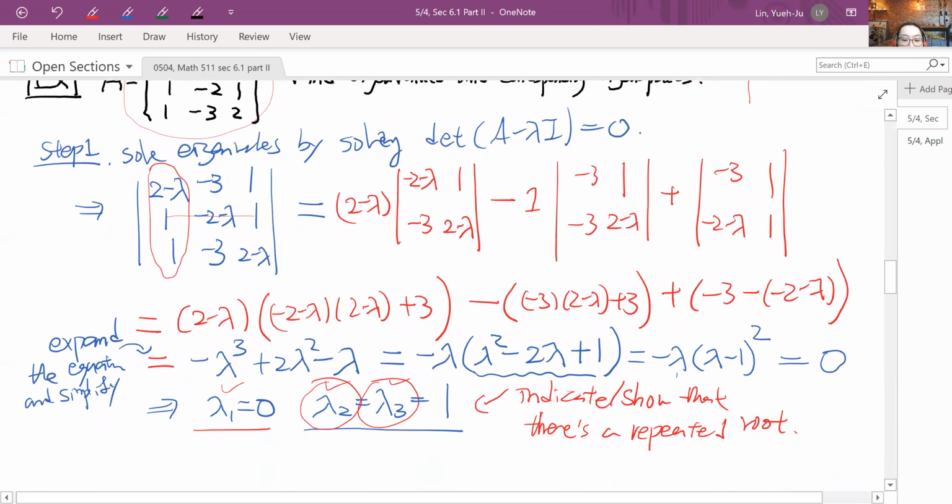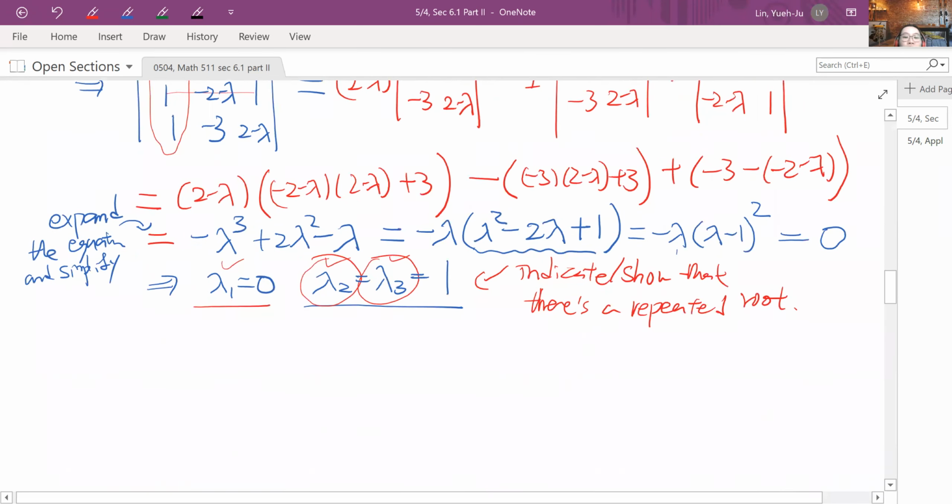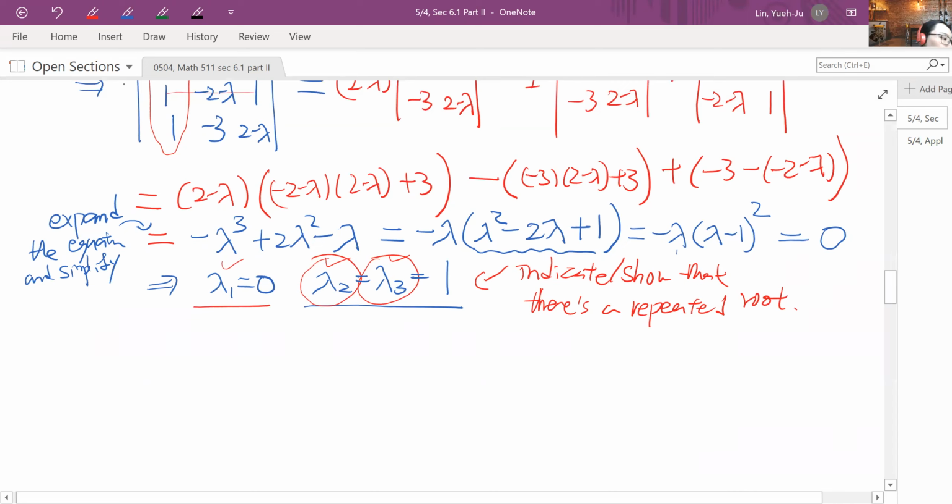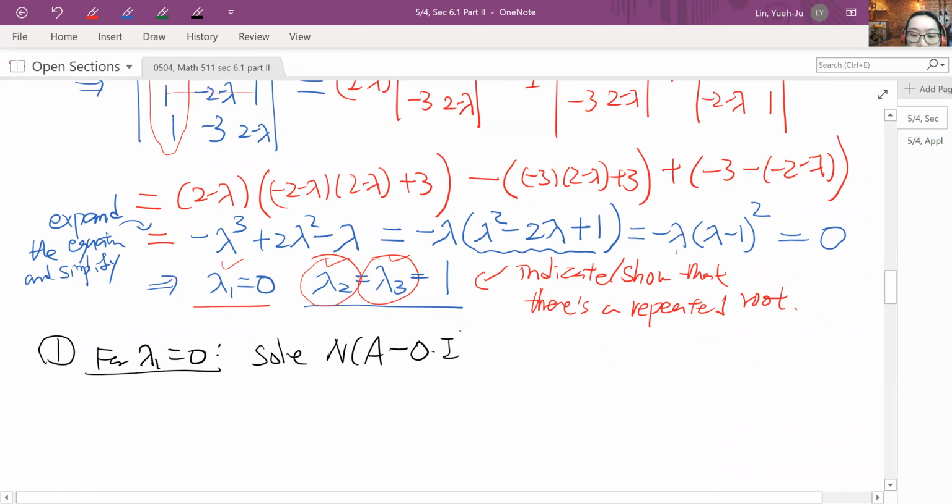Okay, so now we found technically 3 eigenvalues, but 2 of them were distinct. Now we want to solve for the eigenspaces. For the first one, I want to solve the eigenspace for the eigenvalue 0. So I want to solve the null space of A minus lambda I, but this time lambda is 0.